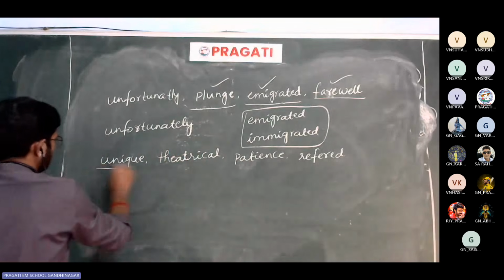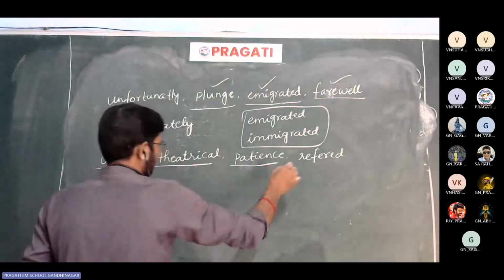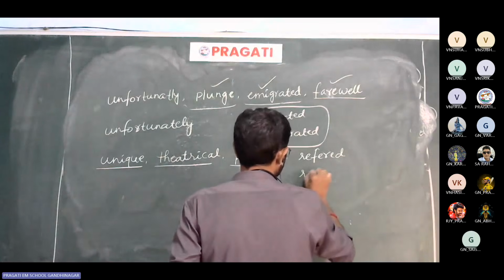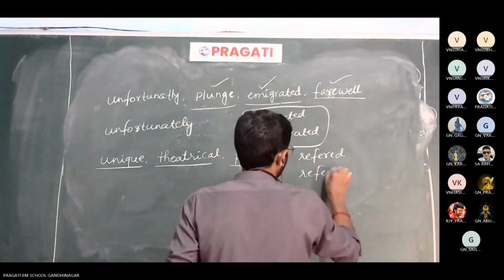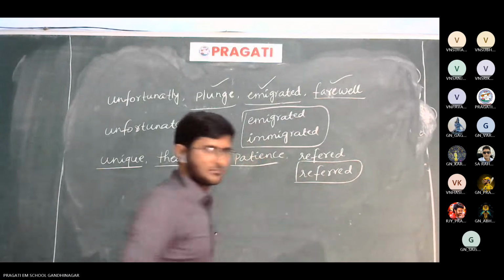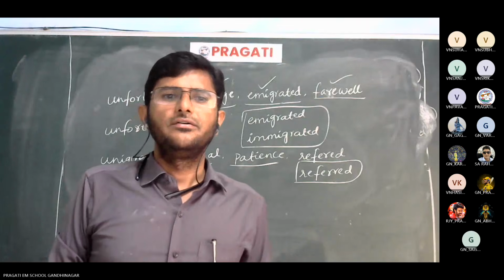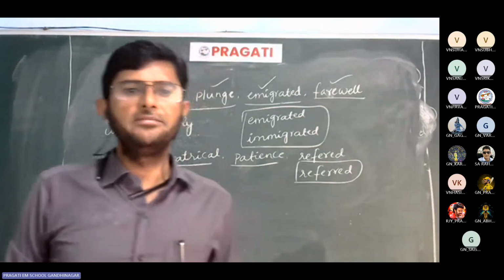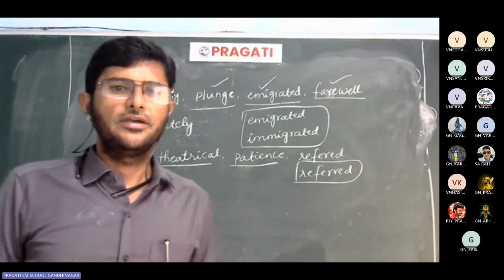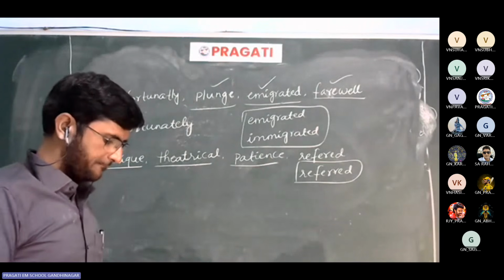Okay, so unique is right, theatrical is right, patience is right. The only misspelled word is referred. Okay, so likewise, you should not only identify the misspelled word but also correct it, right? That is question number 31.